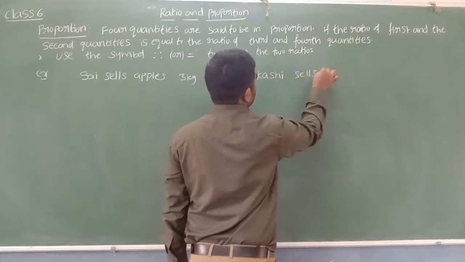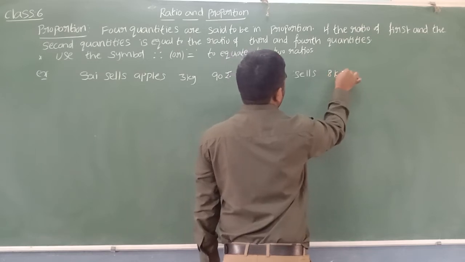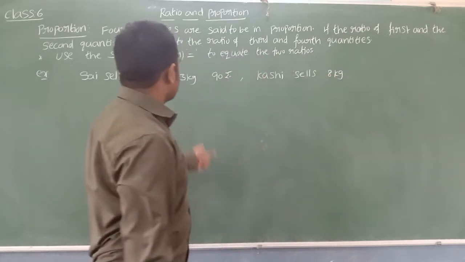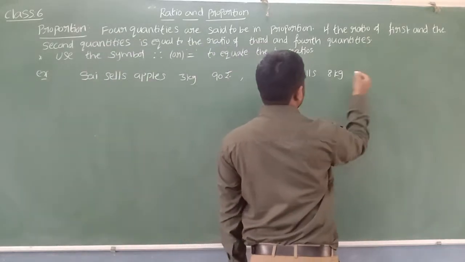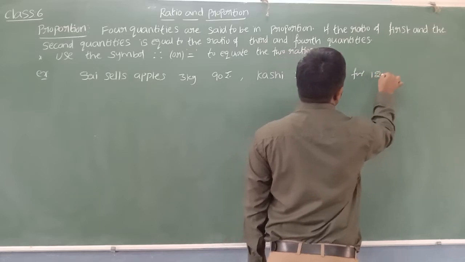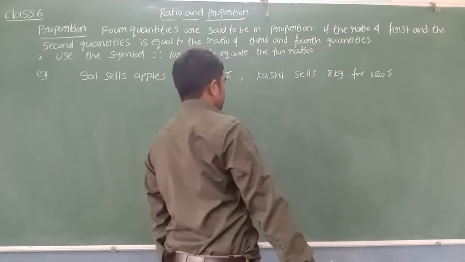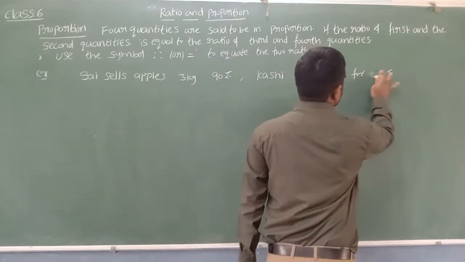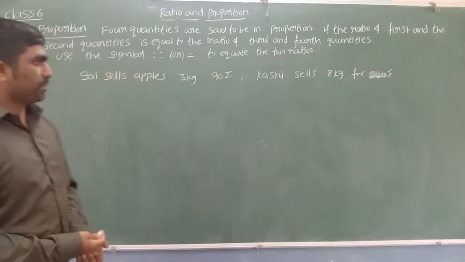Kashi sells 8 kg of apples for 240 rupees.